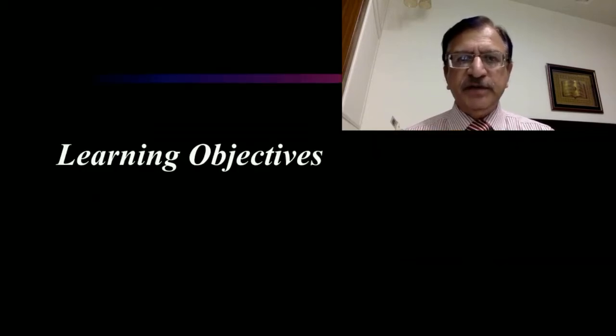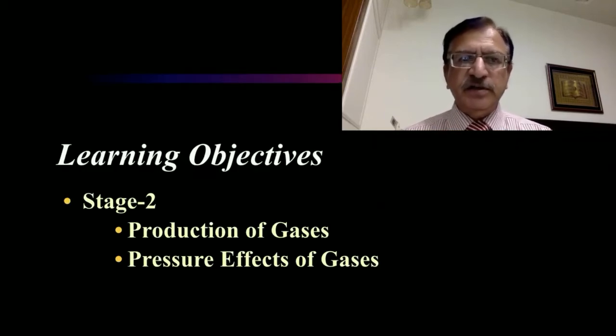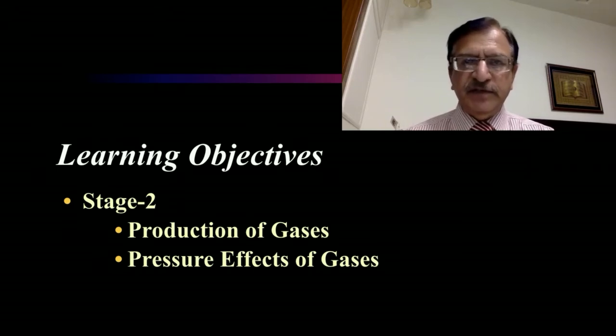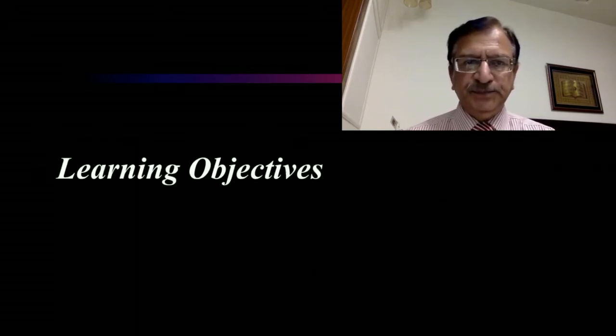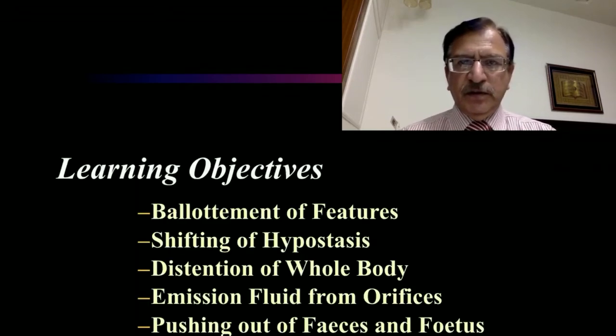The learning objectives of this lecture will be that we will discuss stage 2 of putrefaction, that is the production of gases and the pressure effects of these gases. And this will cause the ballotment of the features, shifting of hypostasis, distension of the whole body, and emission of fluid from the orifices.